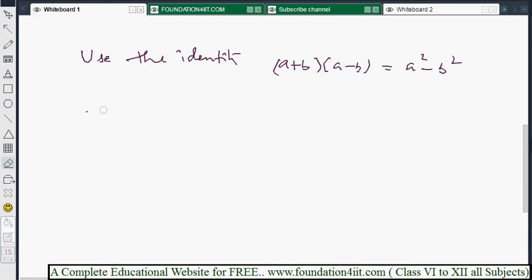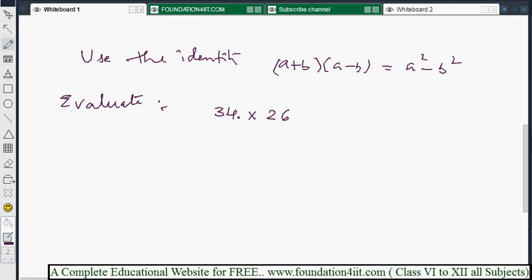So evaluate 34 into 26. The value of 34 into 26 you need to find out. Actually 34 into 26 you can do normally, like normal multiplication, but using the identity.